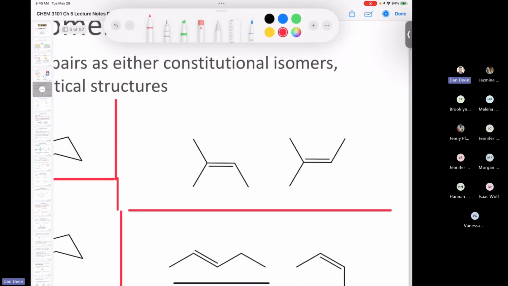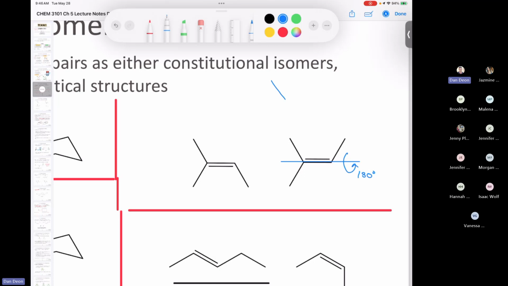Okay, what about these two here? These two alkenes, would those be identical, constitutional isomers, or stereoisomers? And again, it's not a trick question. Go with your gut on this one. Anybody have an idea about this one? If we were to put a line here, and if we were to rotate this 180 degrees, what would we end up with?